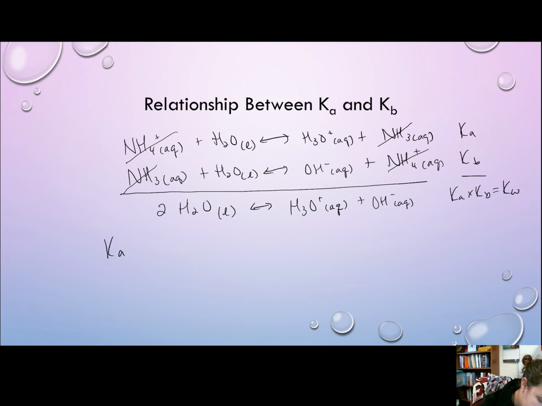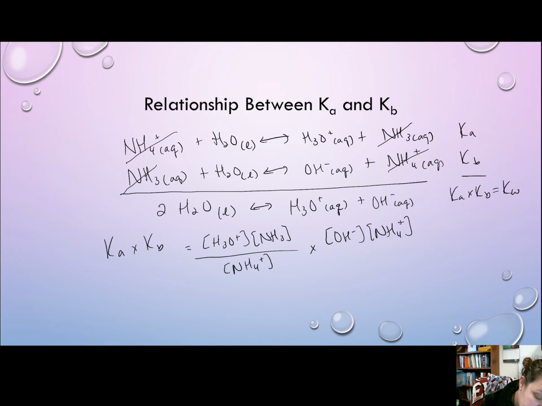We could actually just take our Ka value, multiply it by our Kb value, which is our Ka, hydronium times ammonia divided by ammonium, times our Kb, hydroxide times ammonium over ammonia, and again we cancel out these, giving us hydronium and hydroxide, which is equal to our Kw.